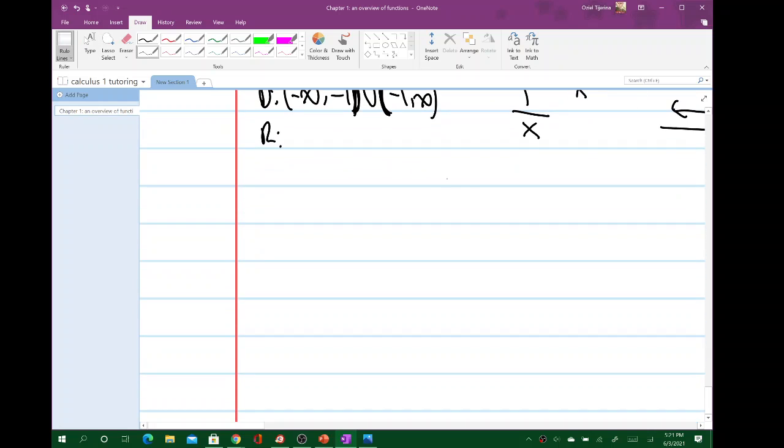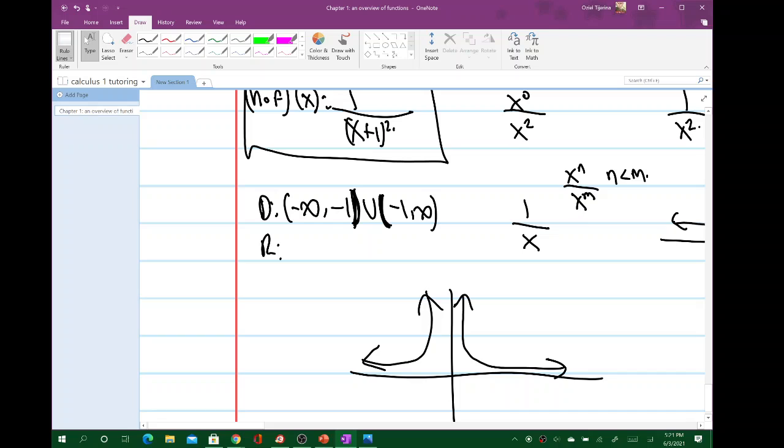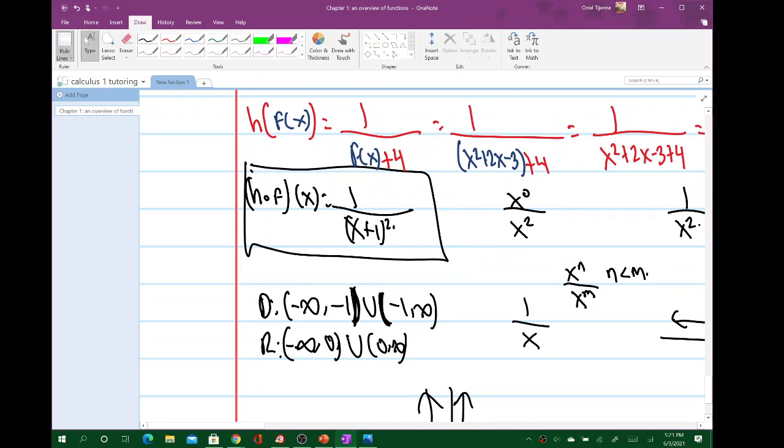In reality, I would remember how this graph looks, but it would look like this. And that means that the range would go from negative infinity to 0, like this, union 0 to infinity, like that.